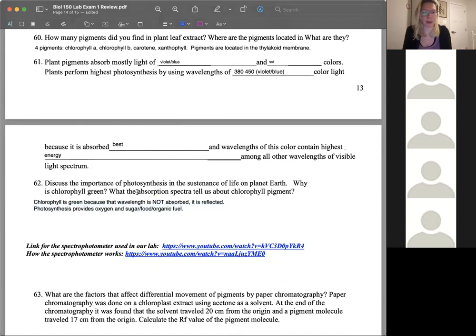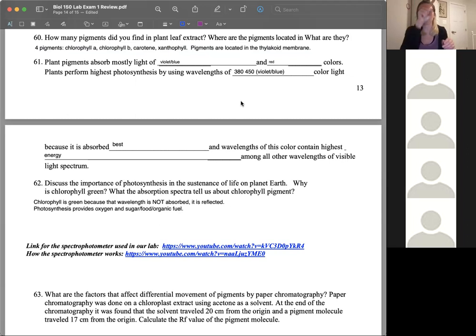Okay, it asks us about the absorption spectra. That's that one graph that has multiple lines, and it shows the different pigments and what wavelengths they absorb the best. What the absorption spectra tells us is what wavelengths are absorbed the best, which we already named: the violet blue end of the spectrum and the red end of the spectrum.